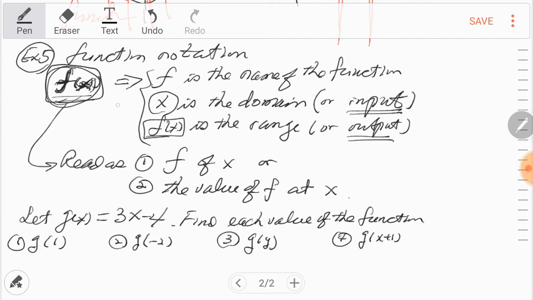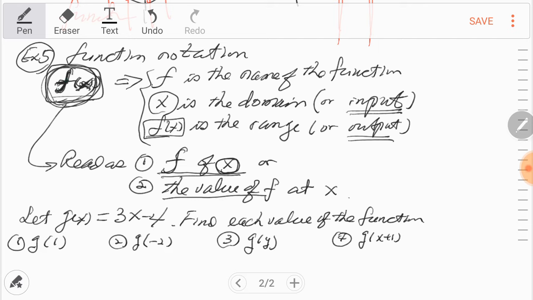Okay, so how do you read this one? Just read it as f of x, which means x is the input, and the result is the output. Or you can read it as the value of f, the function, when x equals x.